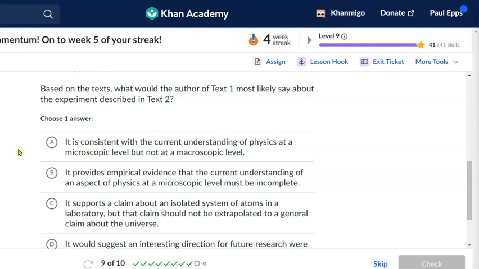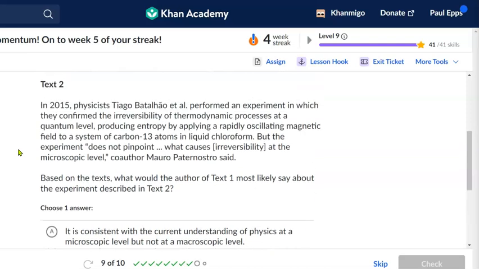No. B, it provides empirical evidence that the current understanding of an aspect of physics at a microscopic level must be incomplete. Yeah, I mean, that sounds good. The way they phrase it here is that they confirmed that thermodynamic processes at a quantum level are irreversible, but they couldn't say why.